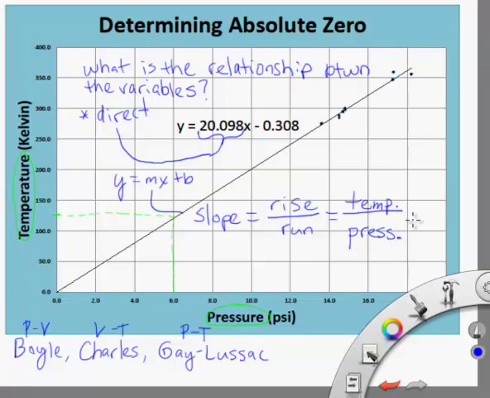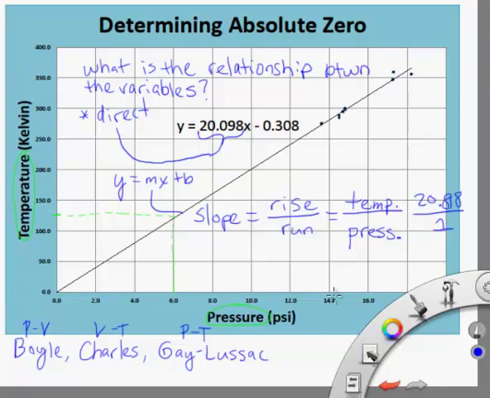Now, what does that mean? If our slope is positive 20.098, that would be like 20.098 over 1. So every time the temperature increases by 20 units, the pressure should increase by roughly 1 unit.